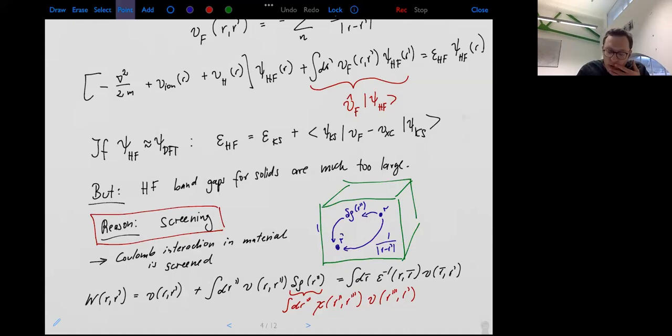And the reason for this is that Hartree-Fock doesn't capture what we know as screening.